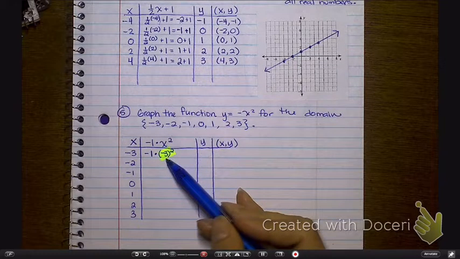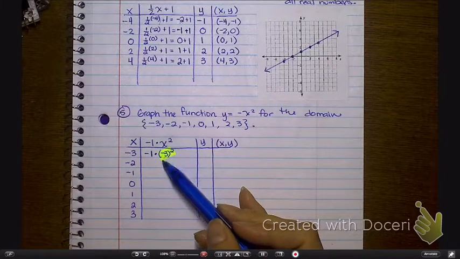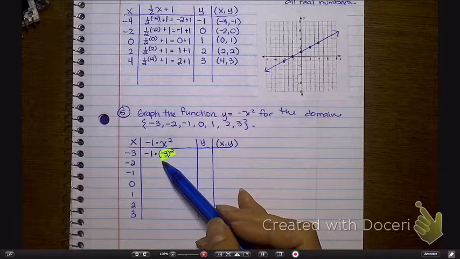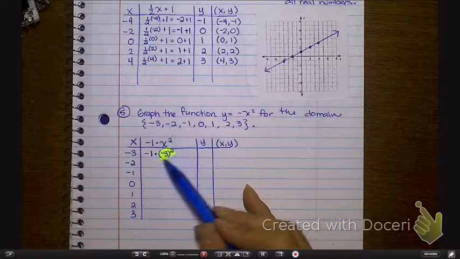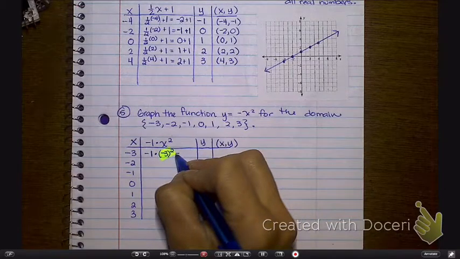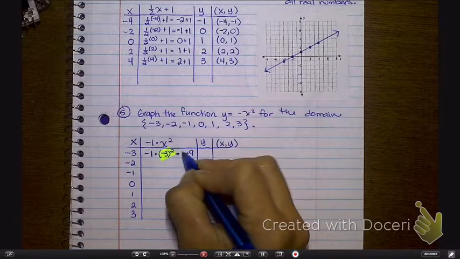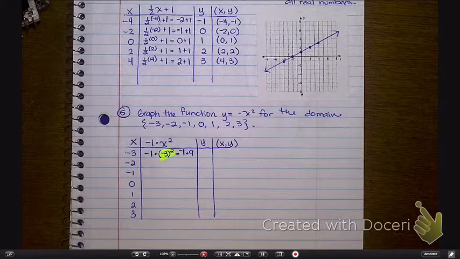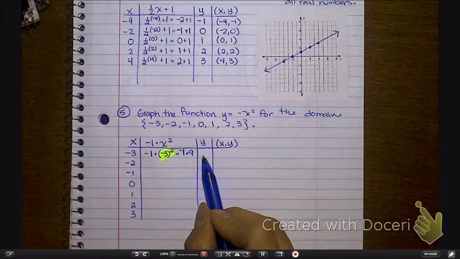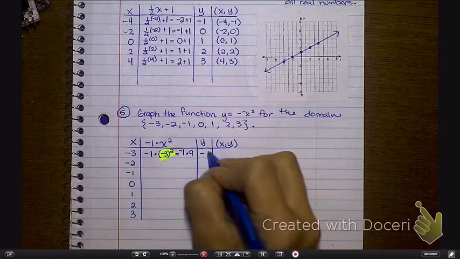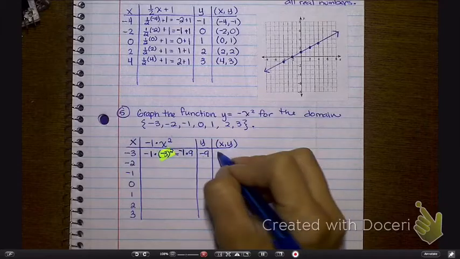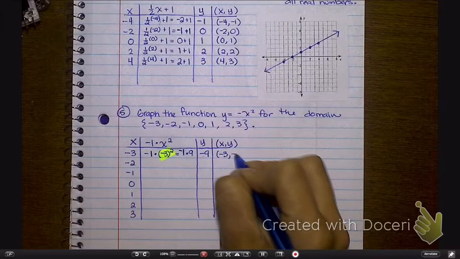It means a number times itself. What's -3 times -3? Positive. So this part makes +9. Now, you still have this -1 multiplying by +9. So what is your final y value? -9. So here's your ordered pair, -3, -9.